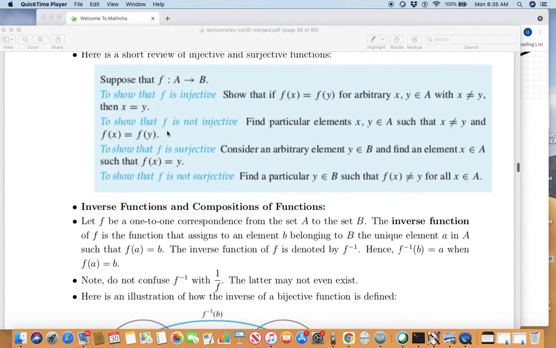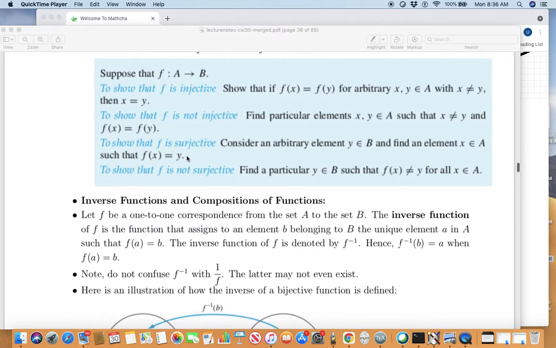Show that f is not injective. To show something is not injective, all you need are two elements of set A such that they are distinct but their images are equal.